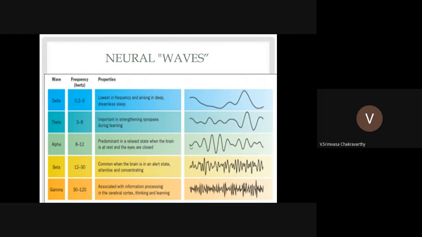Now let us talk about these brain oscillations. For example, you might have heard that if you record the brain's activity by putting electrodes on the surface of the head, on the scalp, you can pick up this kind of electrical activity, which is called the EEG or electroencephalogram.